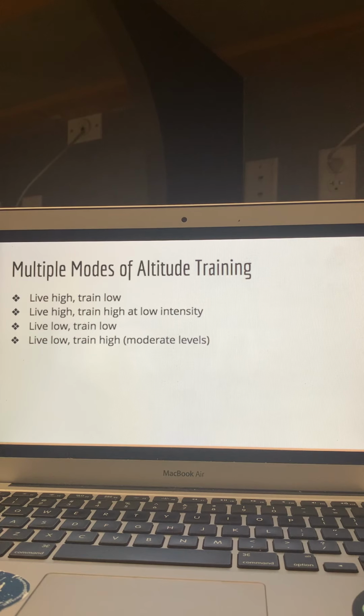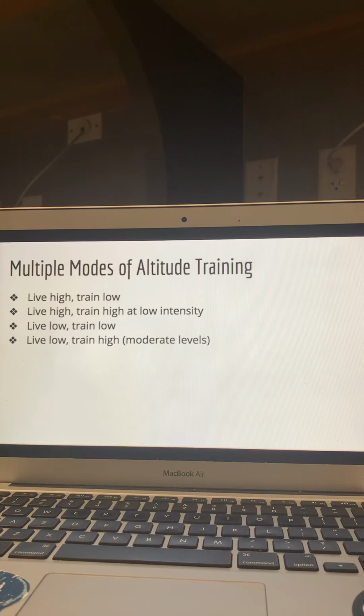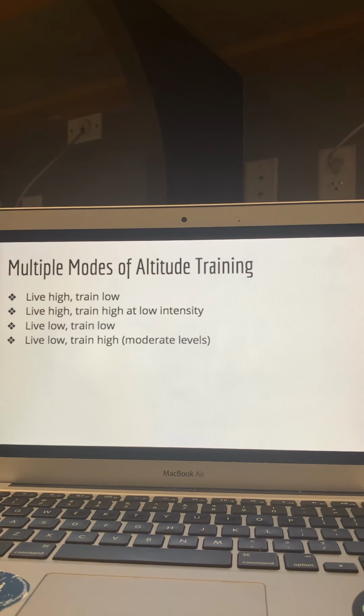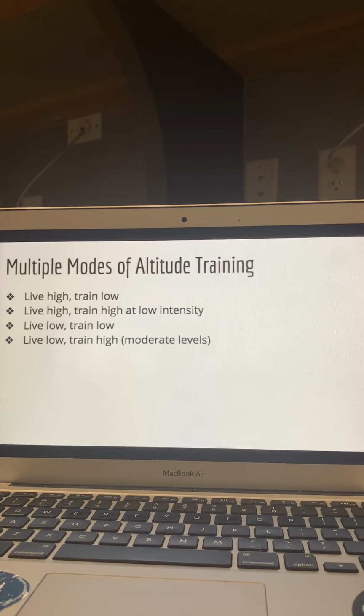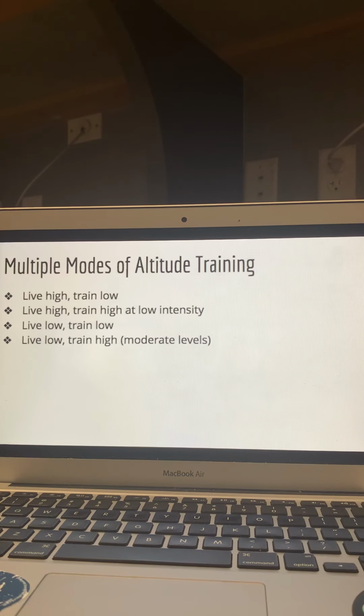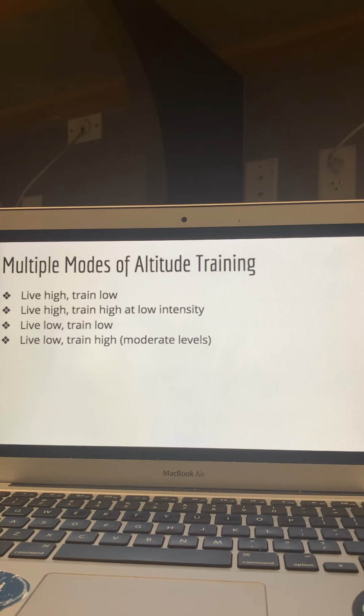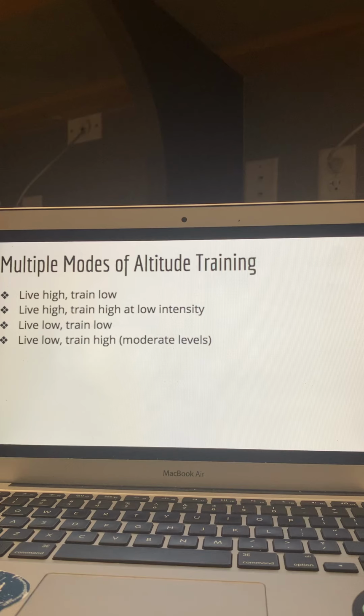The live high, train low model is when you live at a high altitude but you train at a much lower level, out of your living conditions, such as sea level. What's considered high to train in is considered dangerous, which is anything above 7,500 meters, and the sweet spot is about 500 meters above sea level, which is tolerable for short periods of time.